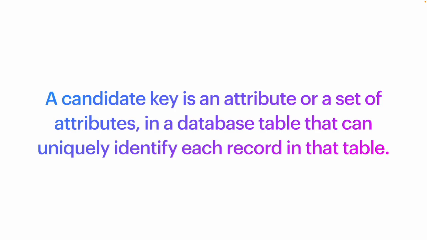It could be a single attribute or a set of attributes in a database table that can uniquely identify each record. So uniquely identifying records or rows is a primary condition for an attribute to become a candidate key. You need to understand this very clearly.